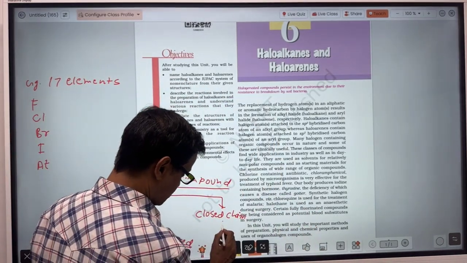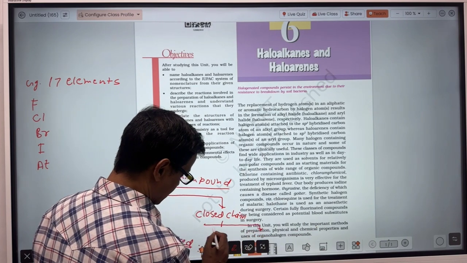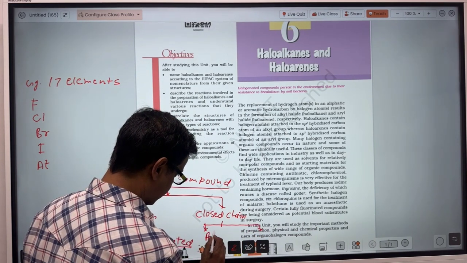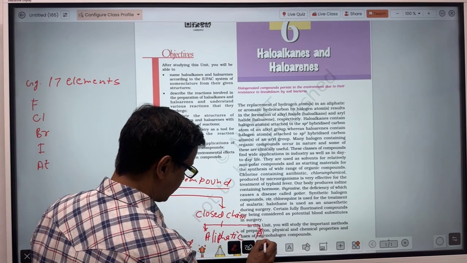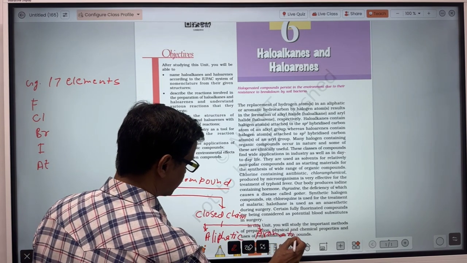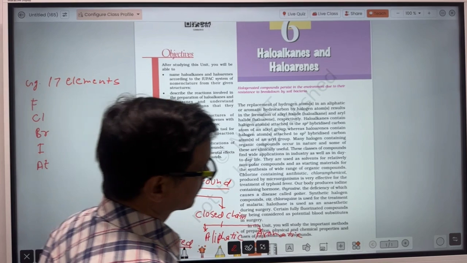And then closed chain is of two types: one is called aliphatic and the second one is called aromatic. What is an aromatic compound?